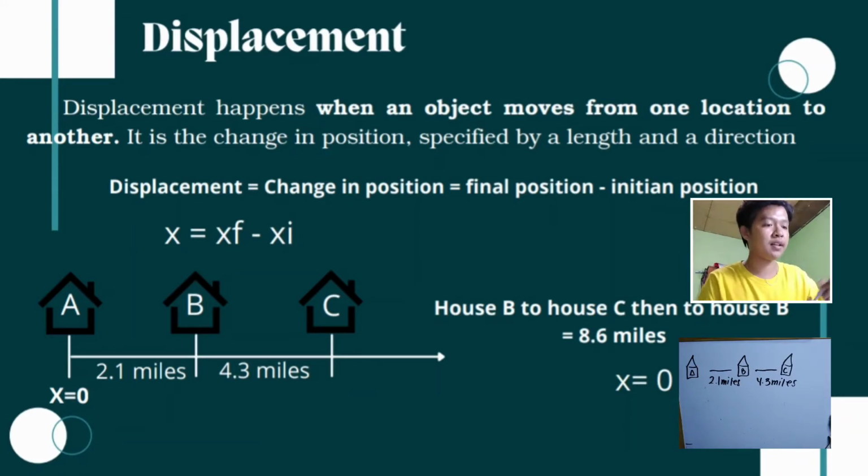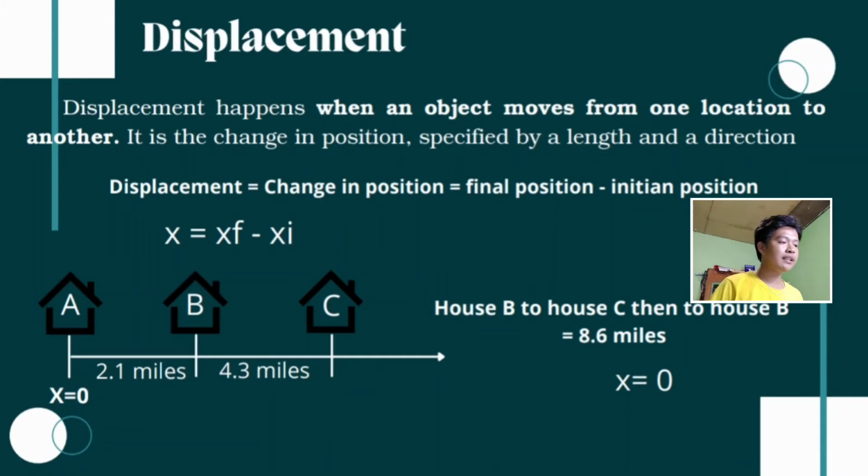So let's, for example, house A, house B to house C. The given is 2.1 miles and 4.3 miles. In the displacement, there's a change in position.